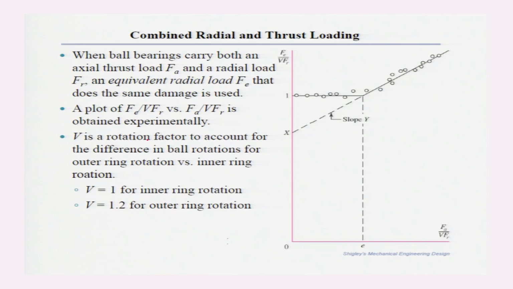A plot of Fe divided by VFr versus Fa, the axial load, divided by V Fr is obtained experimentally, and the experimental data are shown by small circles. These are the experimental data.